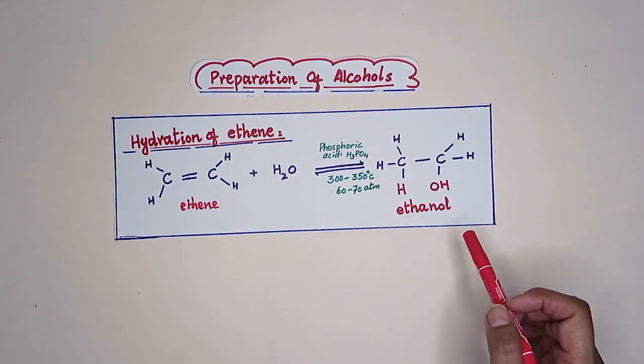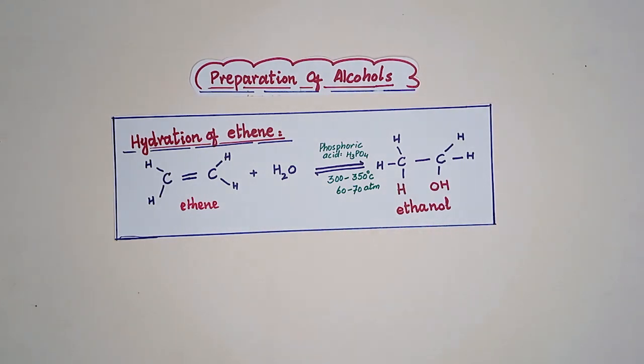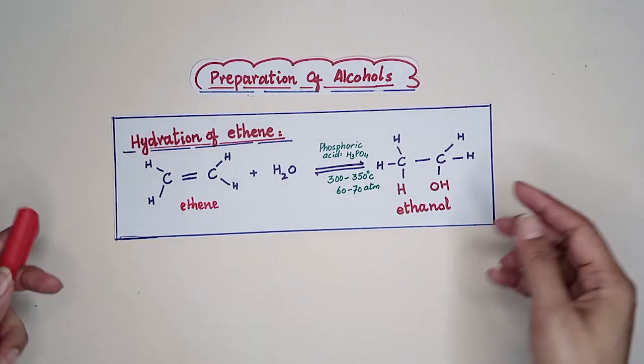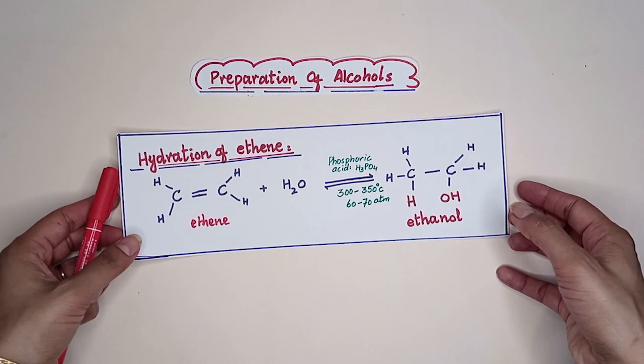So ethene is going to prepare ethanol by using steam in the presence of phosphoric acid at 300 to 350 degrees centigrade and 60 to 70 atmospheric pressure.